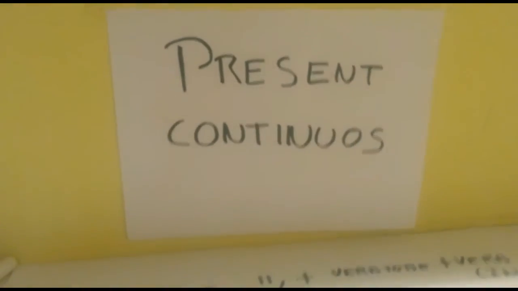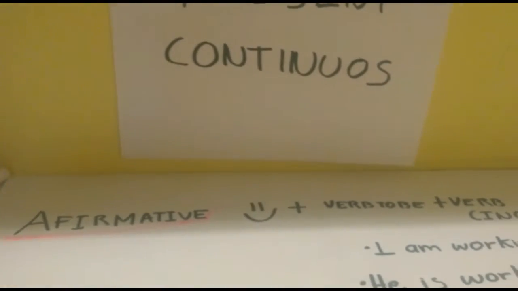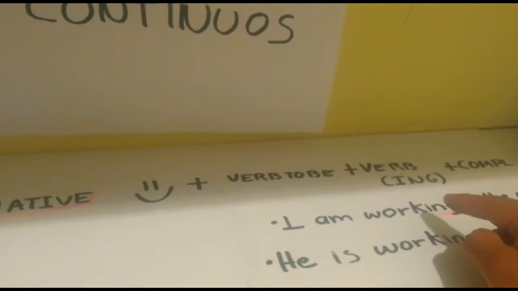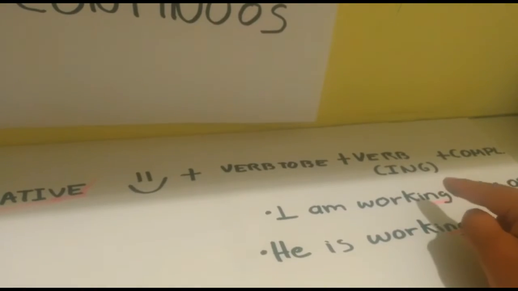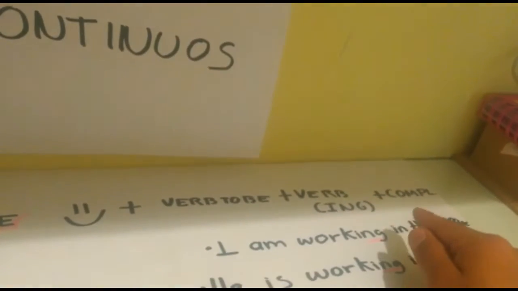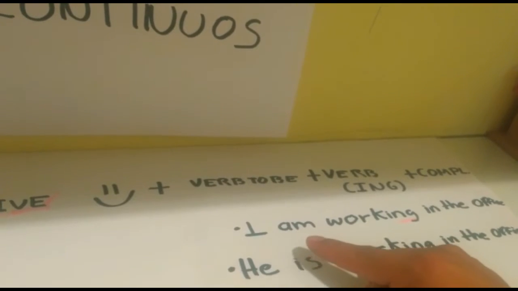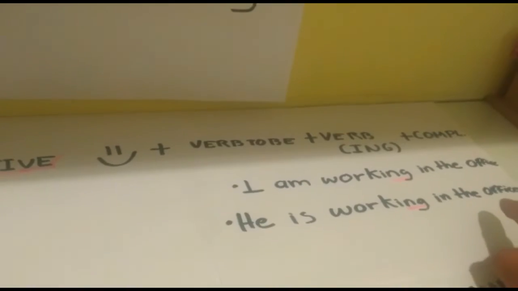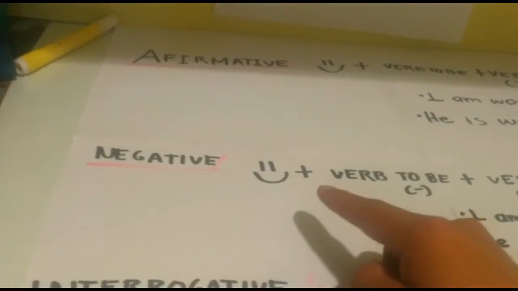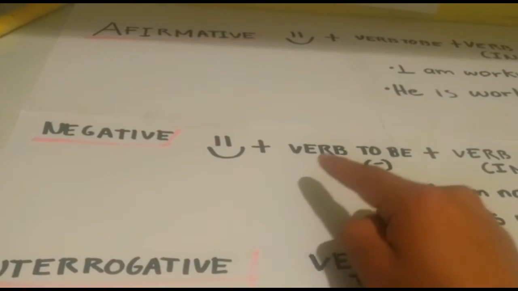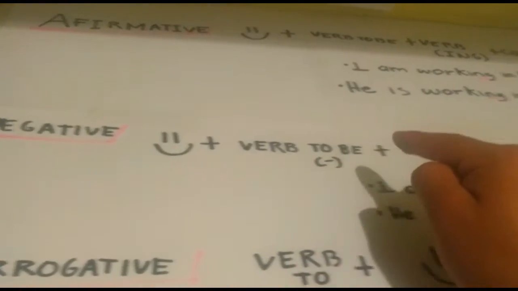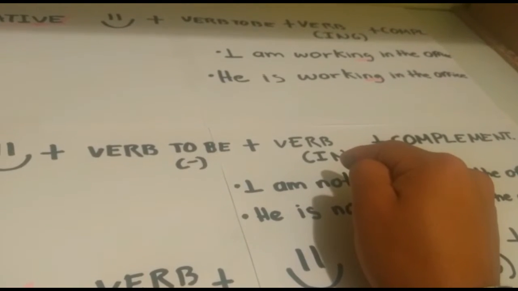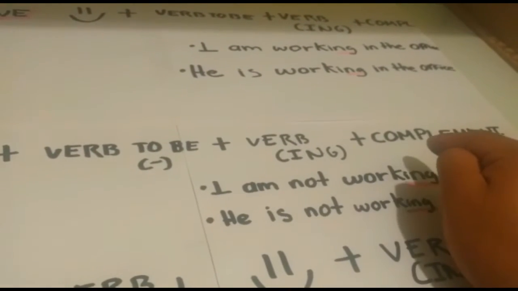I'm going to talk about the present continuous. In the affirmative form, we use the subject and verb to be and verb with ing and complement. For example, I am working in the office or he is working in the office. In the negative form, we use the subject after verb to be in negative and verb with ing and complement.